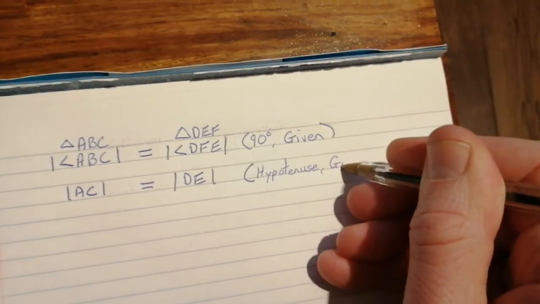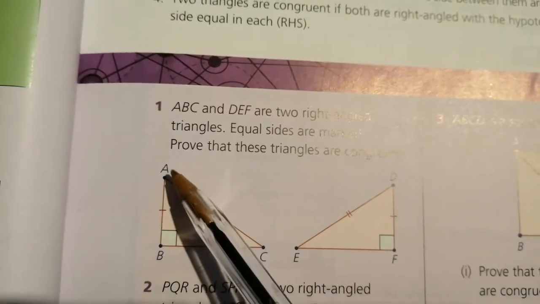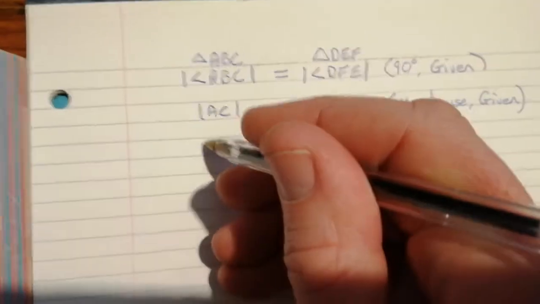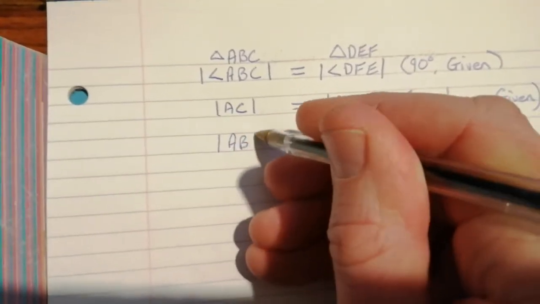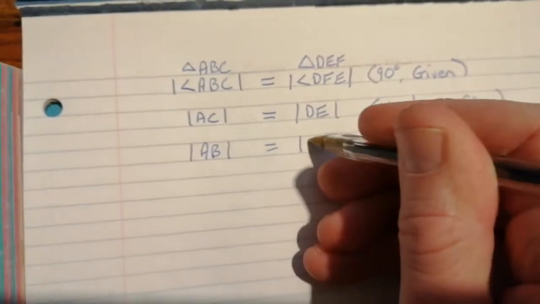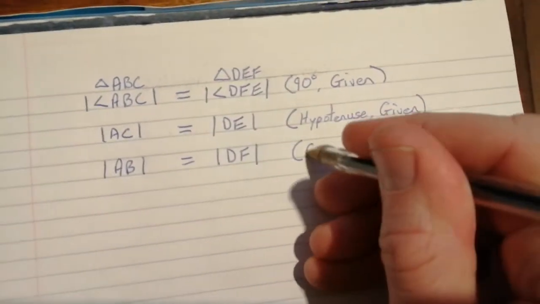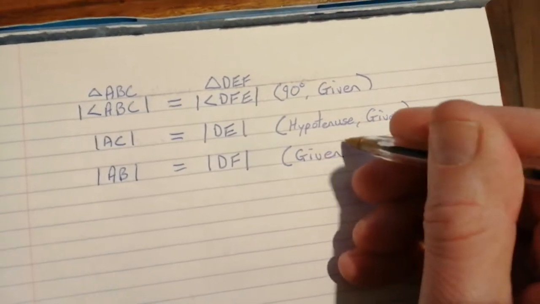And again, it was given. We were told it by our diagram here. Lastly, we have the length of the line segment AB is equal to the length of the line segment DF, and again it was given.